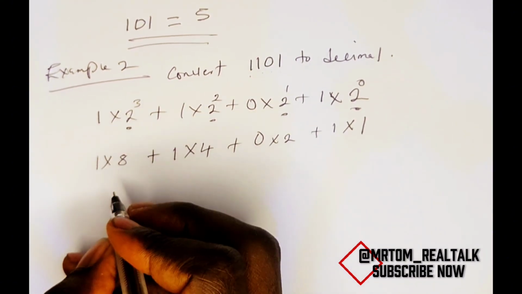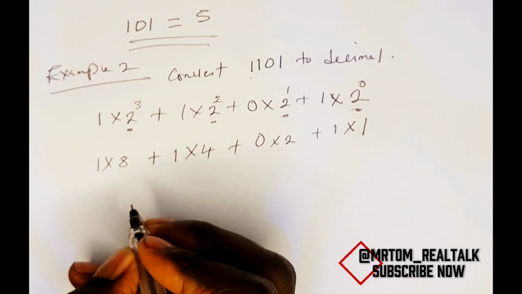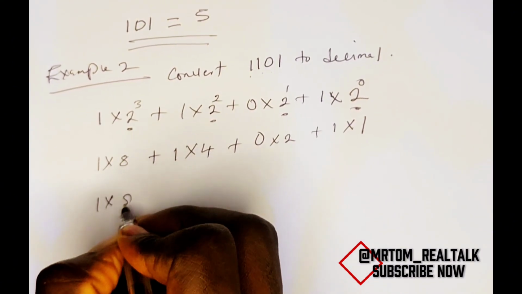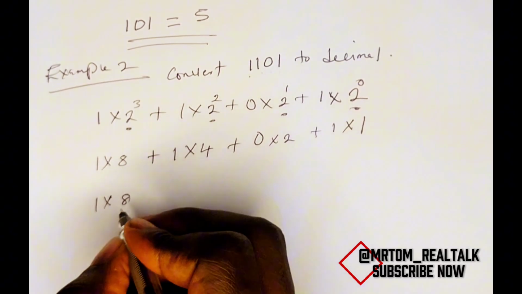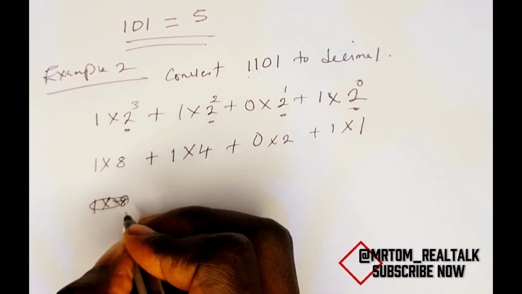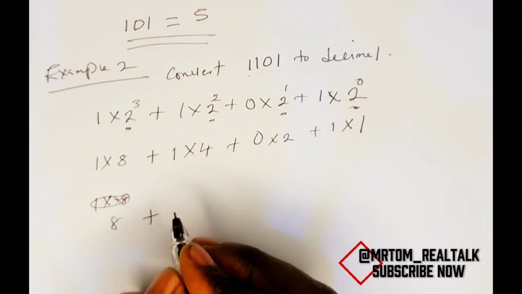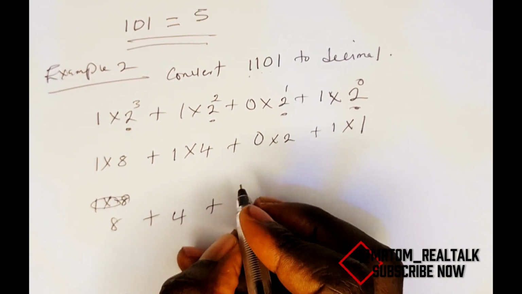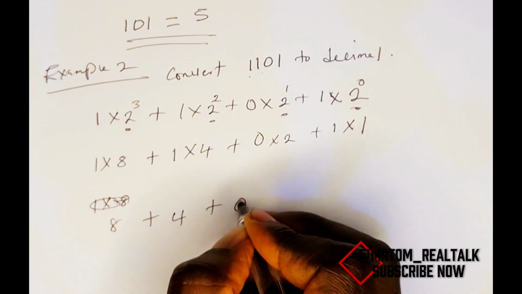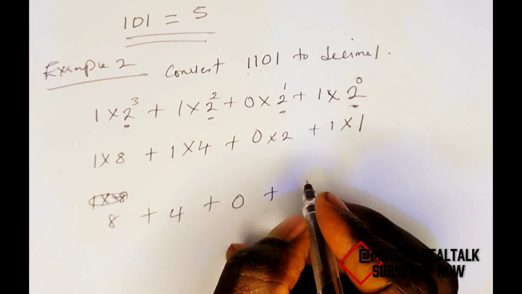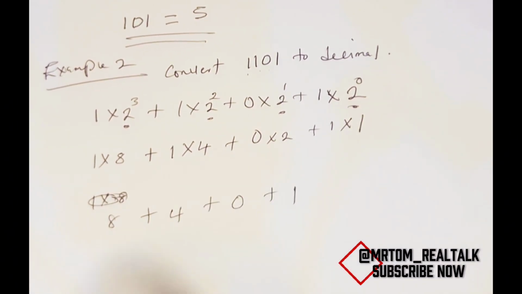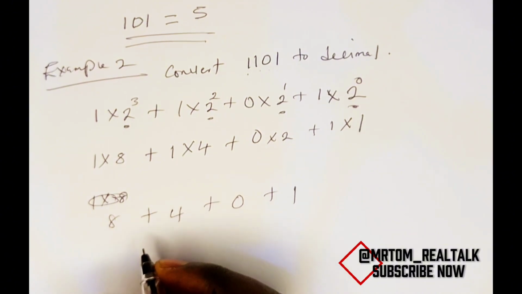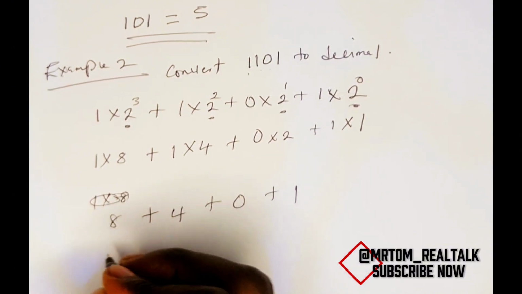So 1 multiplied by 8 is 8, plus 1 multiplied by 4 is 4, plus 0 multiplied by 2 is 0, plus 1 multiplied by 1 is 1. If you calculate, 8 plus 4 is 12, plus 1 is 13.